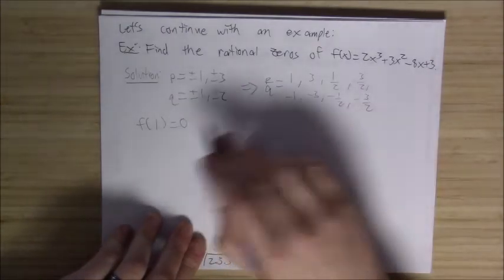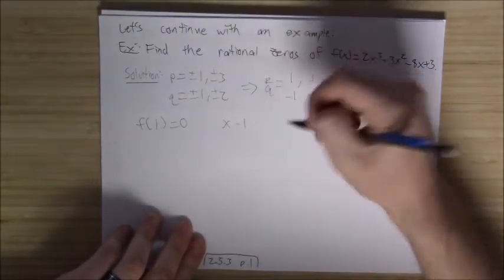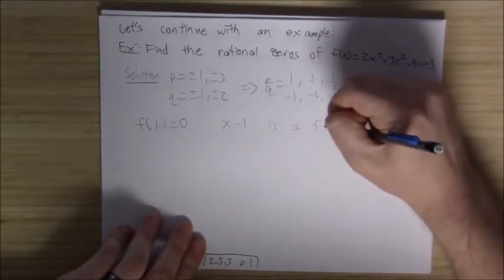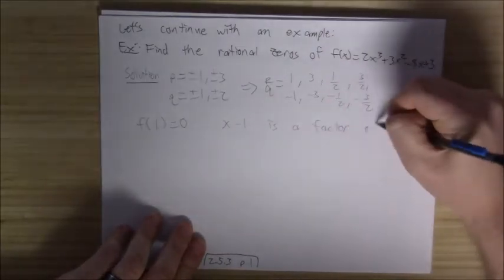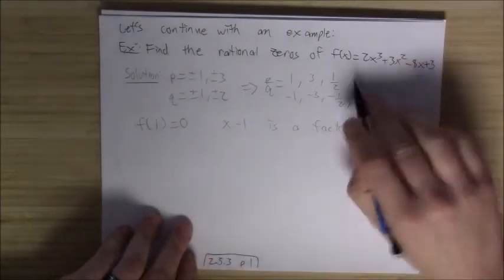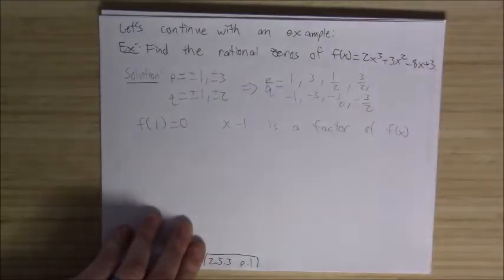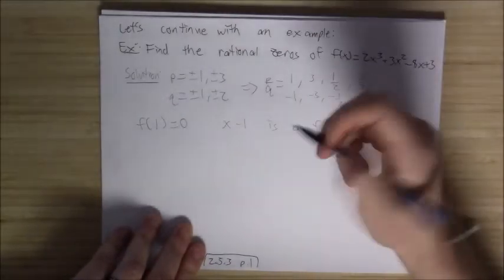However, we notice that x minus 1 is a factor, which means we can factor it out and get a quadratic. And we can always solve quadratics to find the remaining zeros and see which ones are rational. So let's go through and do that.